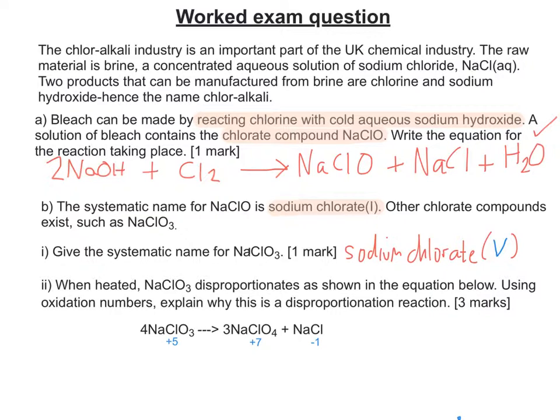The next part is a little harder, but using the same principle that we used in NaClO3, if it's NaClO4, 4 oxygens means 4 lots of -2, which means -8, and you can see that the proportion of sodium to chlorate this time is still 1:1, so therefore sodium will still be +1, and oxygen will be 4 lots of -2.